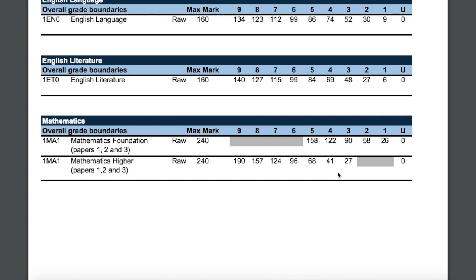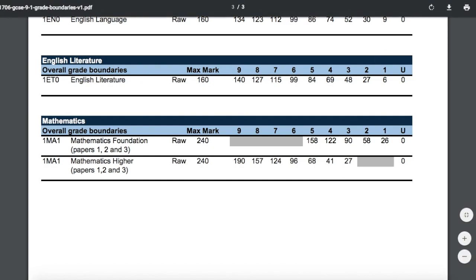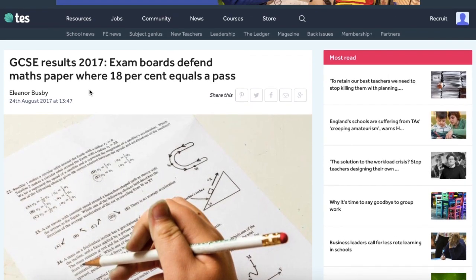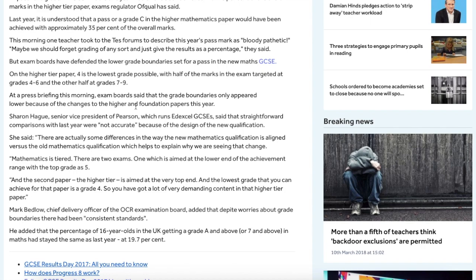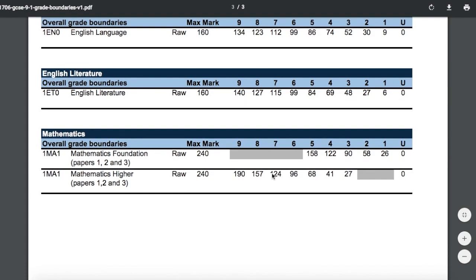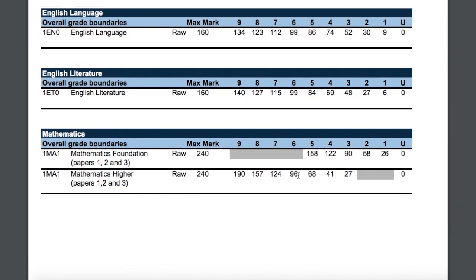People saw it as too low for a pass, and you can see one article here: exam boards defend maths paper where 18% equals a pass, and that talks about the criticism and why it was the case. Generally, in the higher tier, there's only about 20% of the questions aimed at grades 4 and 5. Most of the questions are aimed at grades 7 to 9.